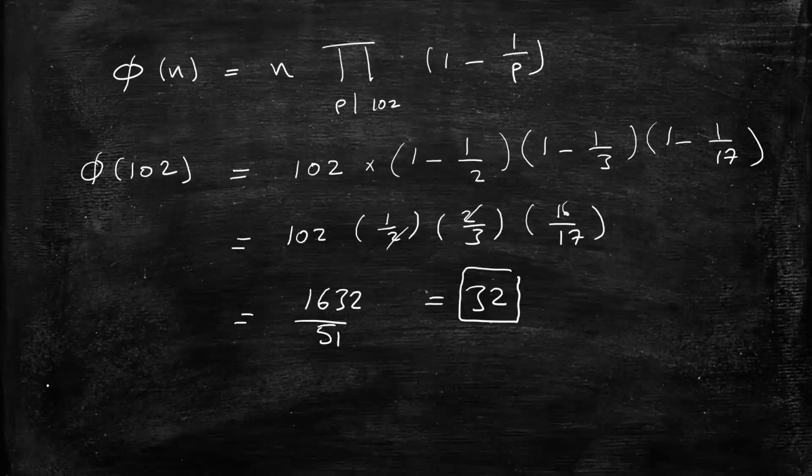And we can go ahead and list those numbers as follows. So the totient function of 102 can now be defined as the list of these 32 numbers. Now those numbers are going to start with 1, 5.